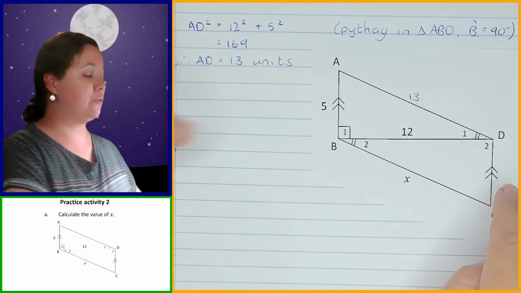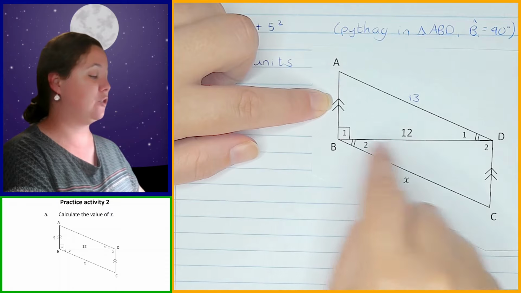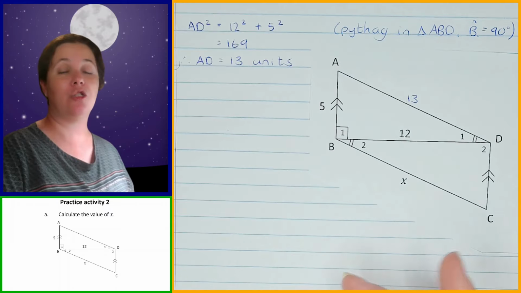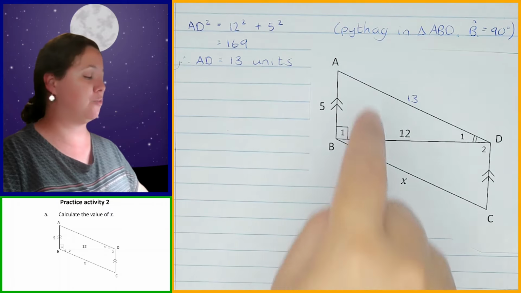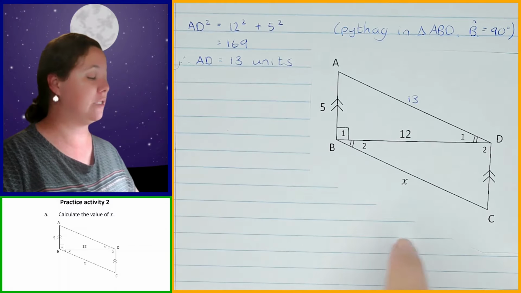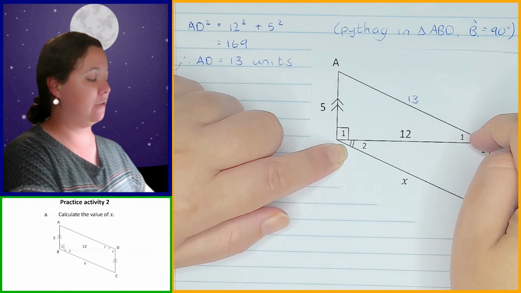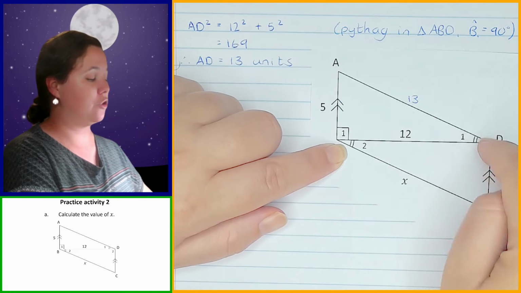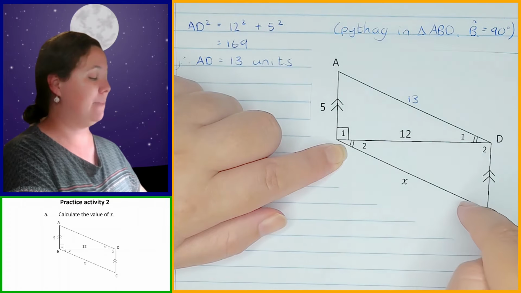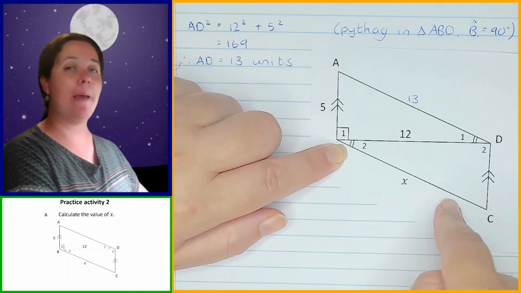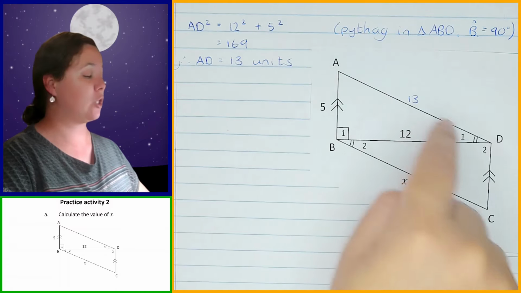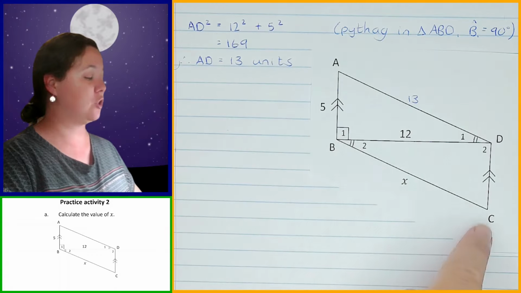Now, in order to prove that these are equal, I would need to prove that these two triangles are congruent, which I can do, but it's a little bit more work than proving that these are parallel, because if you look over here, they told us that this angle is equal to that angle. Now, these angles are alternate, so if they're equal, that means that these two sides over here must be parallel. So that's a quick way of proving that those two lines are parallel.